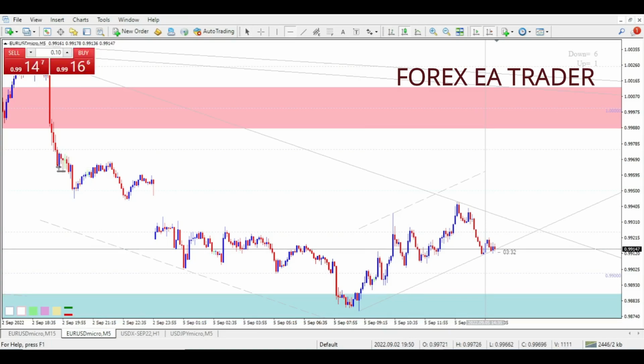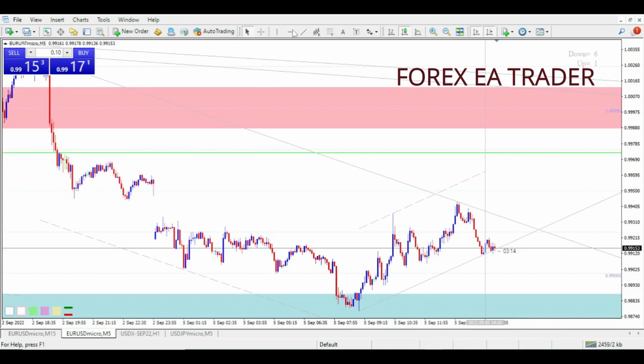For example, instead of selling at the close of this bearish candle, you would sell at the close of this bullish candle. You would sell, not buy. You would sell at the close of the bullish candle, which will be right about there, which gives you a better entry price than selling at the close of the bearish candles.